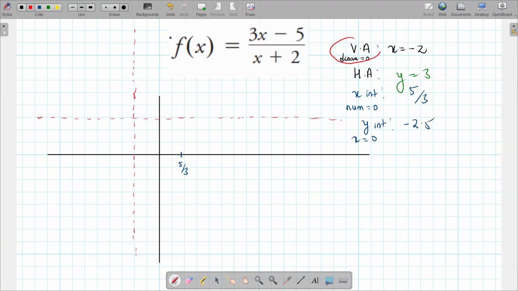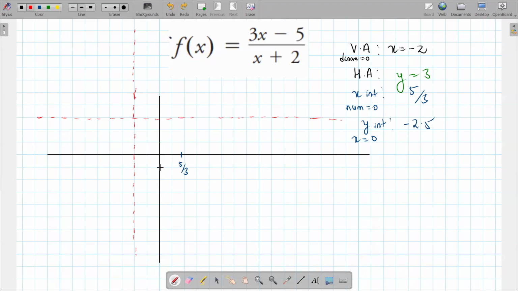These things, if you can remember them, would help you go far for rational functions. And again, it's not that difficult. These are just logical. We've been doing this for any function. If you think about how we find the x-intercept, we literally set it to 0. How do you find the y-intercept? You set all the x values equal to 0. That's nothing new. Okay, so let's graph those as well.